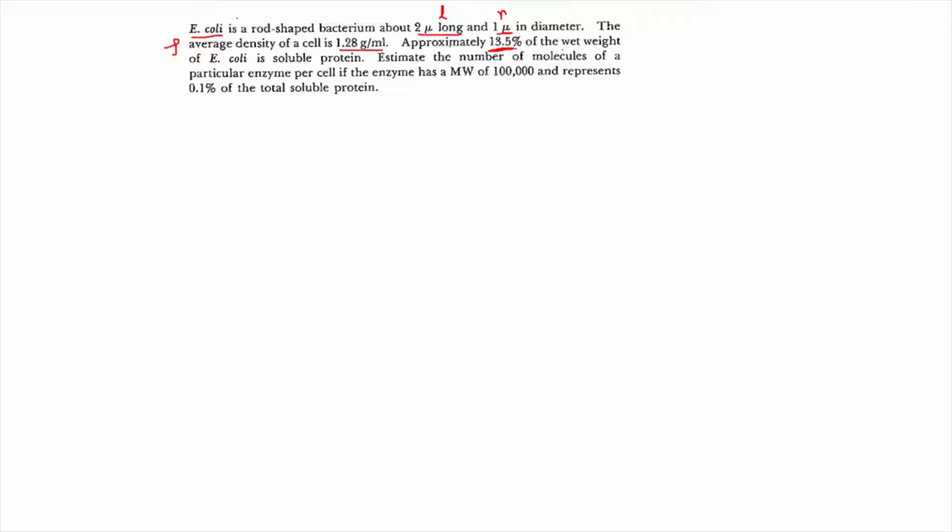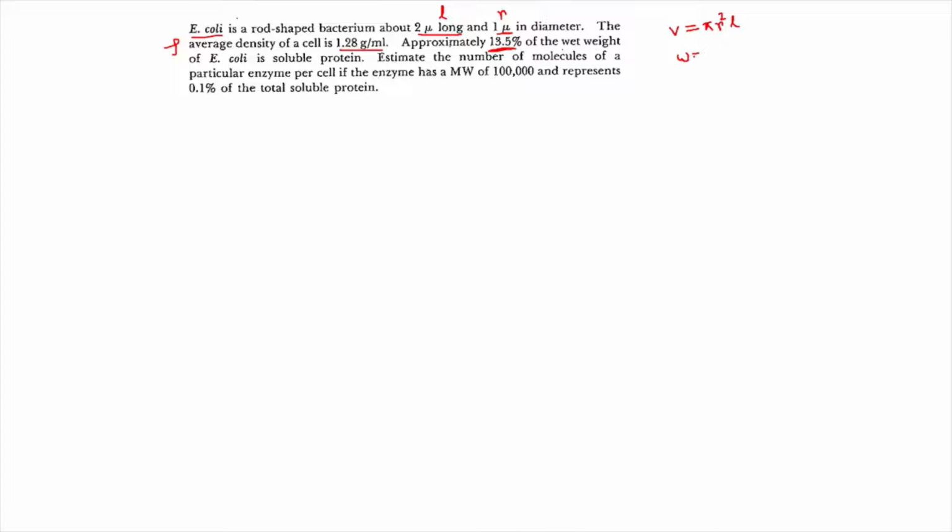Now you are given length, radius and density. So how will you calculate the total weight? First you calculate the volume. If you take this to be a rod-shaped bacterium, that means it is a cylinder. If you take this to be a cylinder, then the volume will be pi r square L. And the weight, that means the mass, what will it be?